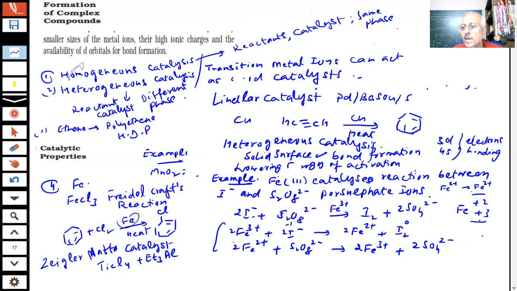Because of this reason, student, this reaction is catalyzed by the iron 3 plus ion. So the catalytic action of the transition metals is due to many reasons which we have given to you. Is it clear? Yes, sir.